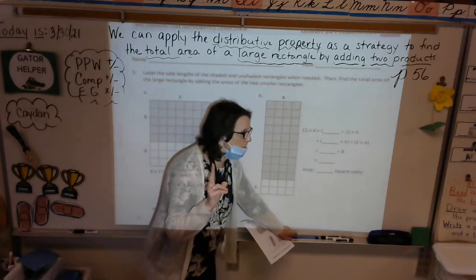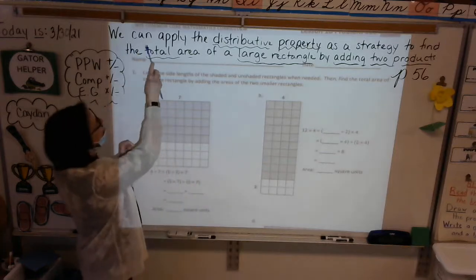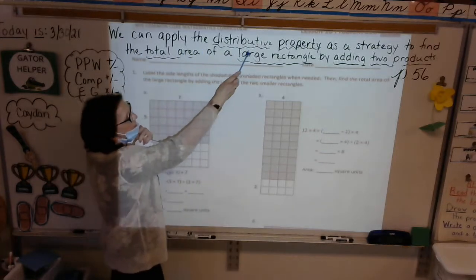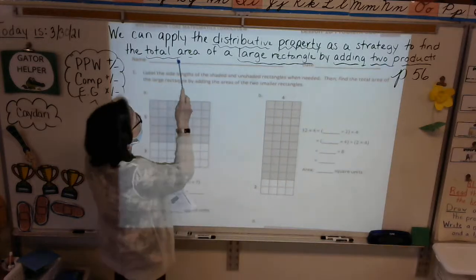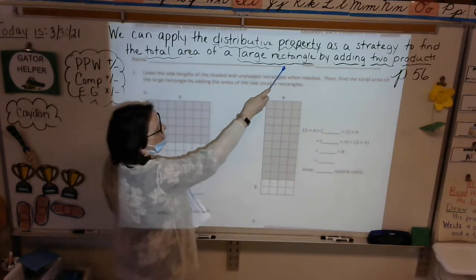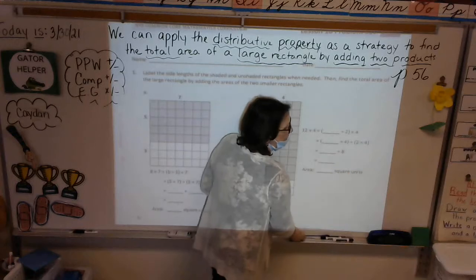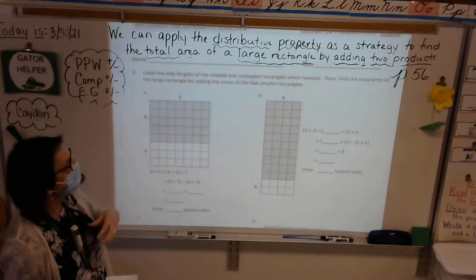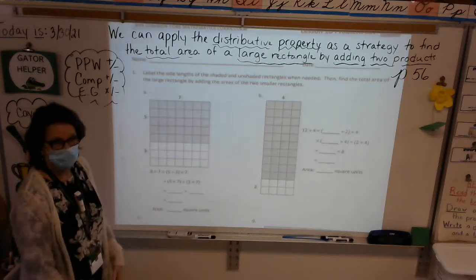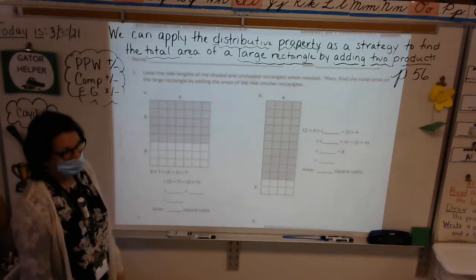3, 2, 1. We can apply the distributive property as a strategy to find the total area of a large rectangle by adding two products. So we talked about this yesterday and how it's a lot of words, but if we understand, it's really just a few steps to get the area of a rectangle.